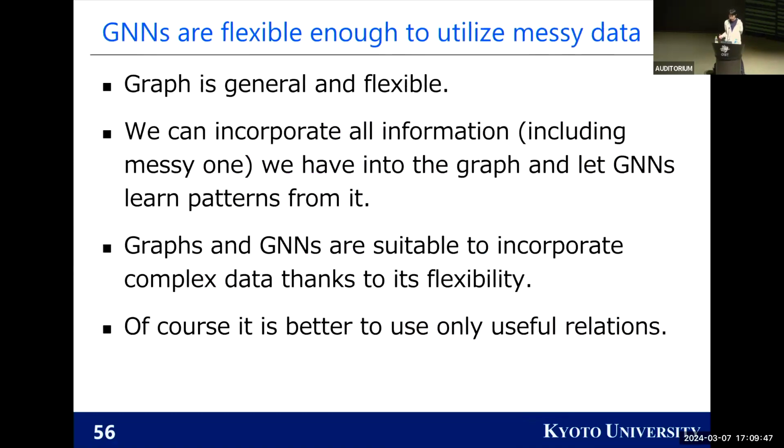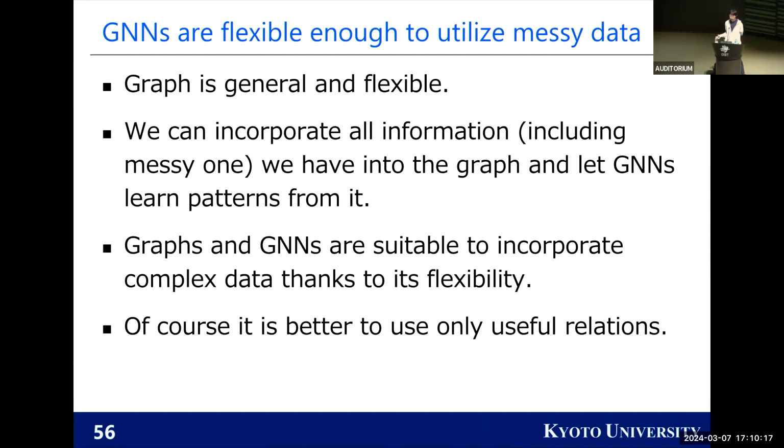So this is a summary of this chapter. Graphs are general and flexible. We can incorporate much information defined by knowledge graphs, friend relationships, and so on to improve the performance of recommendations and other tasks. This idea can be used for many other tasks, not only recommender systems, but also text processing, question answering, image analysis, and so on.